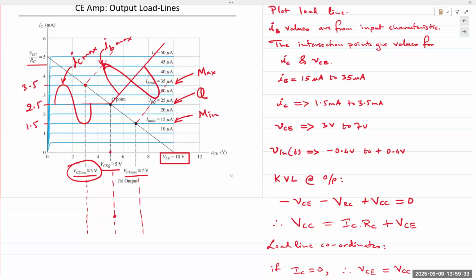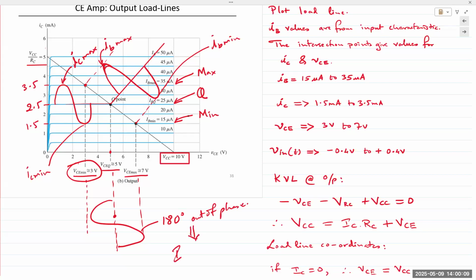So somewhere over here, let me plot this out. And then when IB goes minimum, which is, let's point this out like this, then IC is also minimum, but VCE goes to its maximum value. And so you obtain a VCE value that is 180 degrees out of phase with the input.